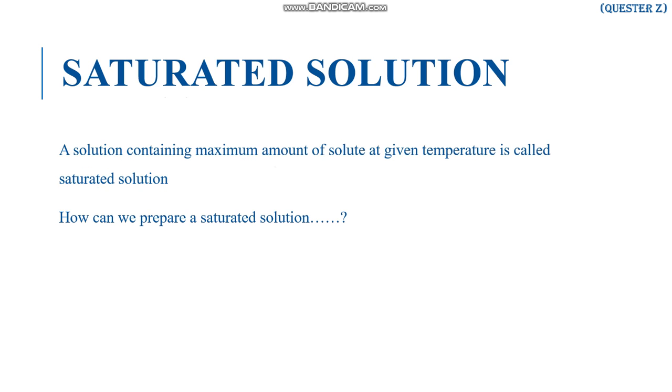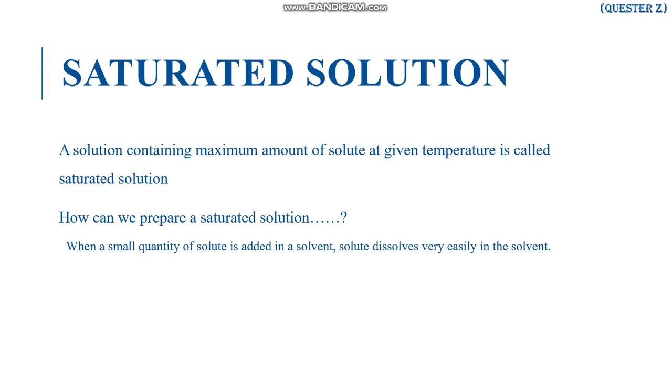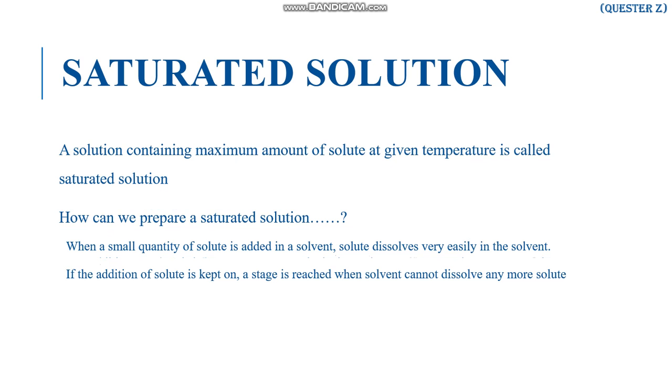How can we prepare a saturated solution? Simply, when a small quantity of solute is added in a solvent, the solute dissolves very easily. For example, we take a glass of water and add some salt in it. So salt will easily be dissolved in the glass of water by simply stirring. But to make a saturated solution, if the addition of that solute, for example salt, is kept on, a stage is reached when the solvent cannot dissolve any more solute.